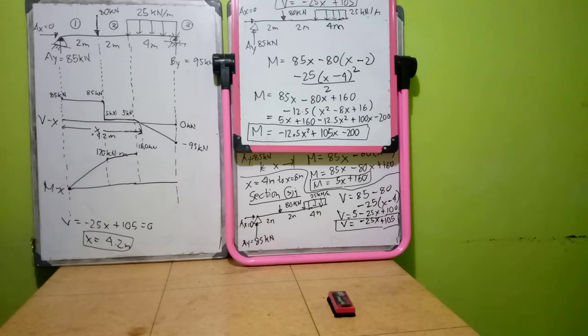So we have negative 12.5 times 4.2 squared plus 105 times 4.2 minus 200.